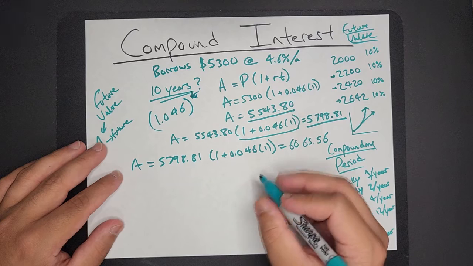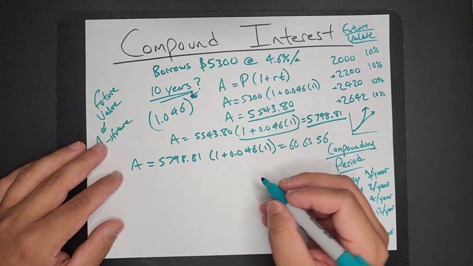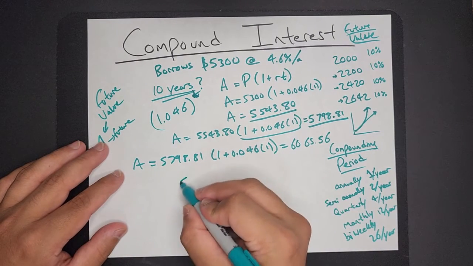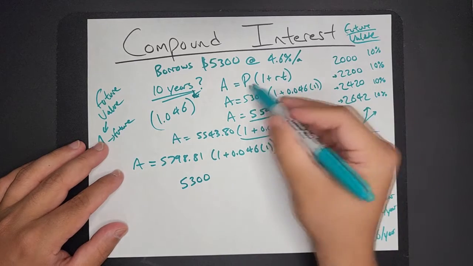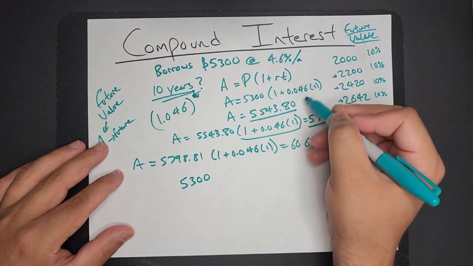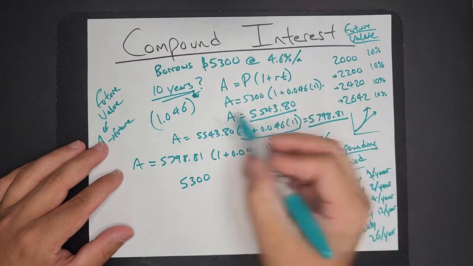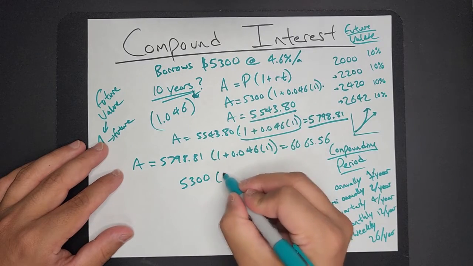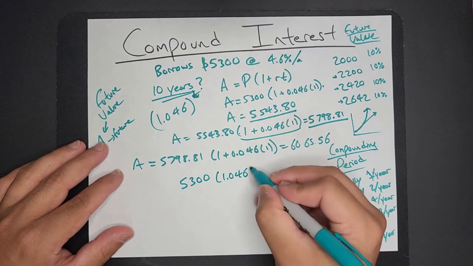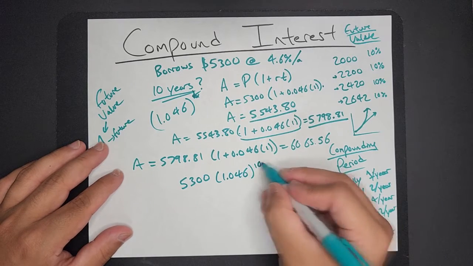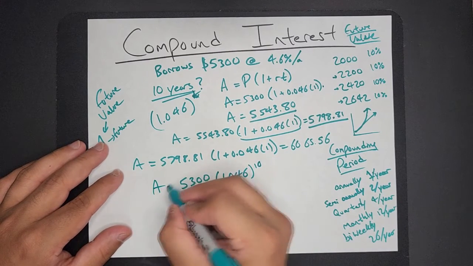So, in our case, I could just put in my initial 5300 and multiply that by this bracket, which is this number, to the power of 10, 10 times.